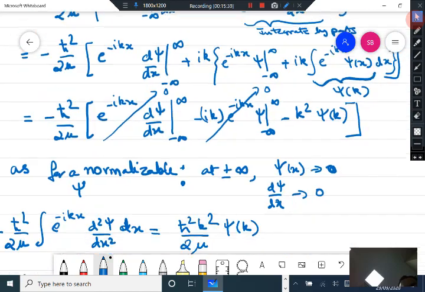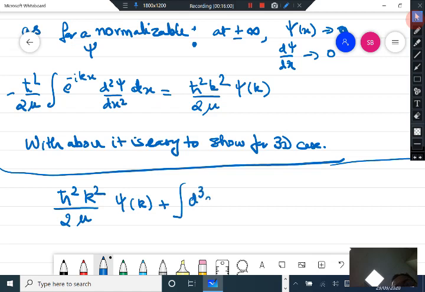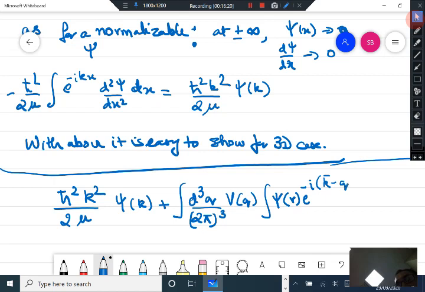The first term of the Fourier transform is nothing else but ħ²k² by 2μ ψ(k), plus the integral d³q by (2π)³ V(q), I'll just first write down the expression, times the integral of ψ(r) e raised to minus i (k minus q)·r d³r, is equal to E ψ(k).